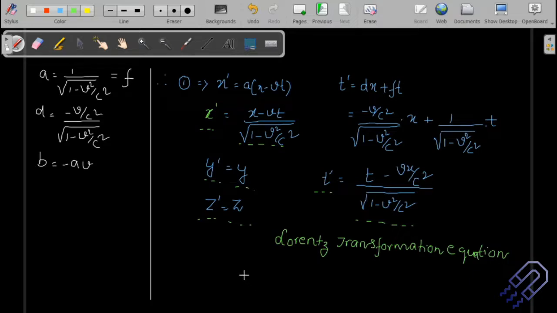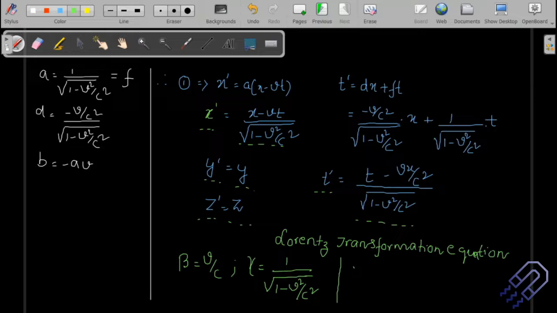Okay, there are a lot of notations which are basically used. If you check any book, many books, you will find out that they have written V by C as beta. So V by C can be written as beta, and also gamma is actually nothing but this 1 divided by root over 1 minus v square by c square. So don't get confused. Even if I'm asking you a question where I write down that show that x prime is equal to x, okay, so what does it mean?